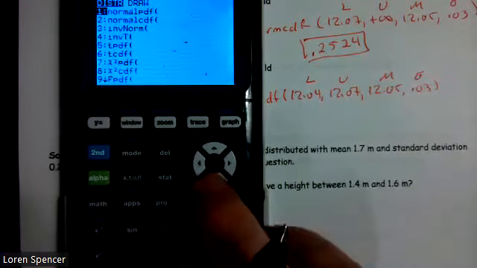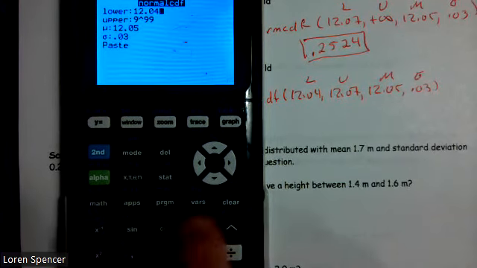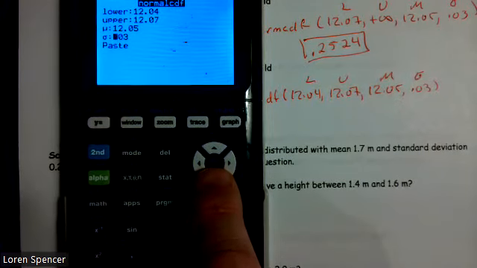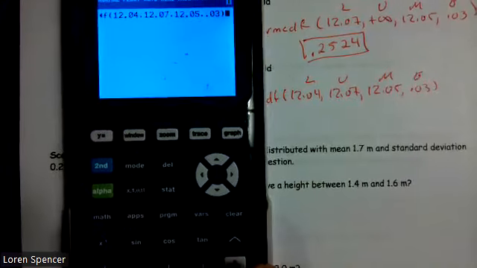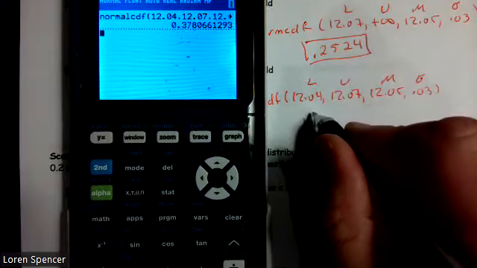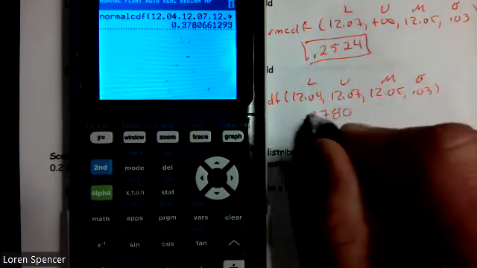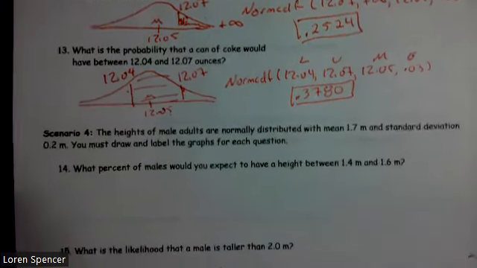So second vars, normal CDF, lower 12.04, upper 12.07, mean of 12.05, standard deviation 0.03. And we end up with a probability of about 0.3780. All right, that concludes scenario 3.